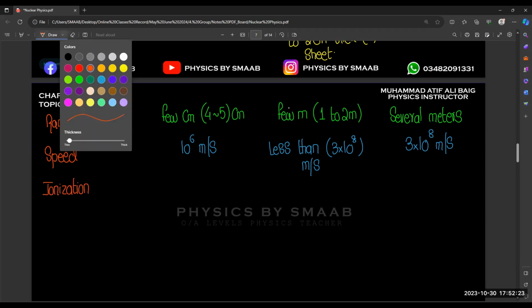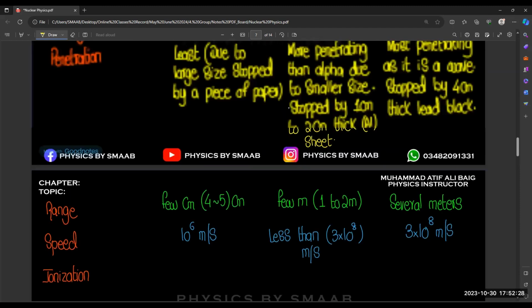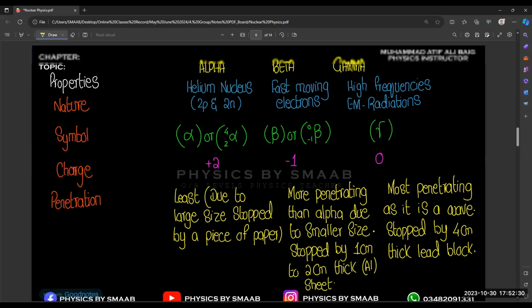So if you just compare the ionization power, what do you think, which radioactive radiations consist of the most ionizing power, alpha, beta, or gamma?